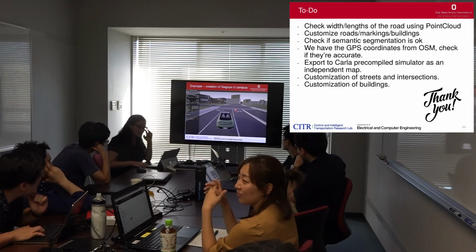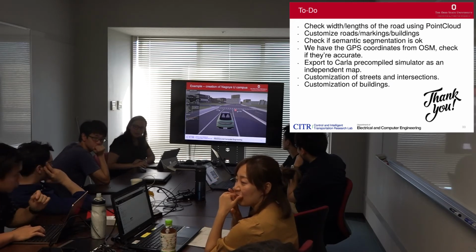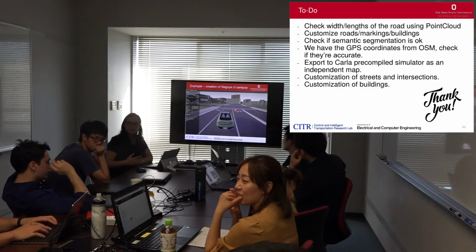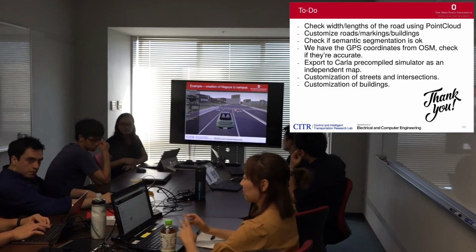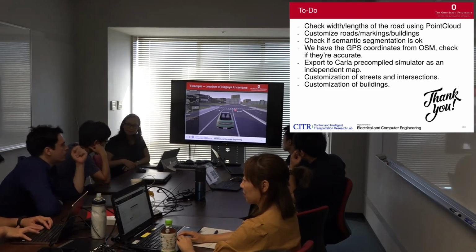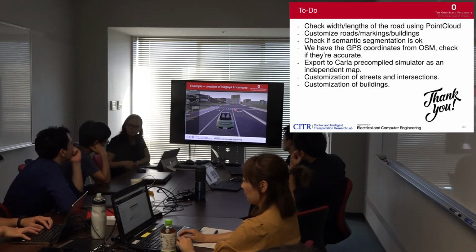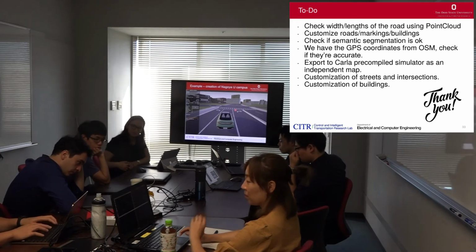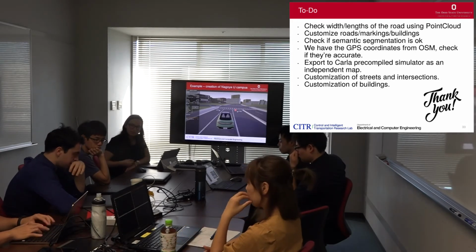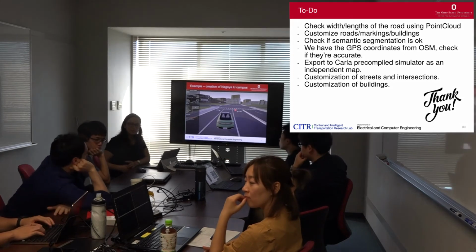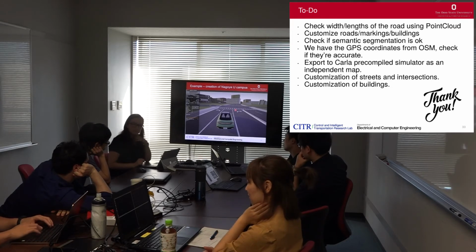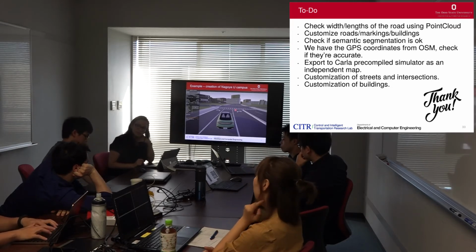Yeah, the problem with OSM actually is it's inaccurate. I calculated once, comparing Google Maps, OSM and the actual, very good GPS. There is a 2 to 3 meters error between the three of them. Not only the distance, the angle and orientation also have some issues.